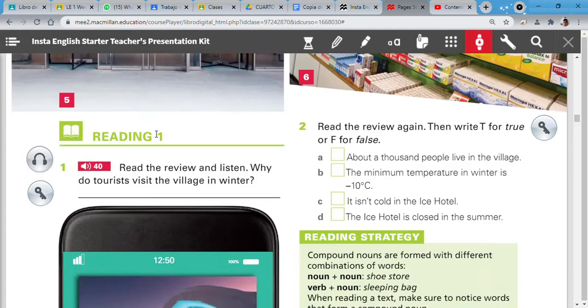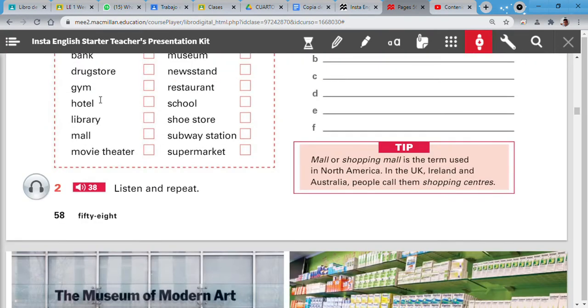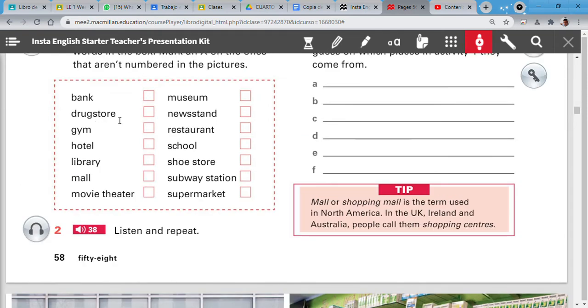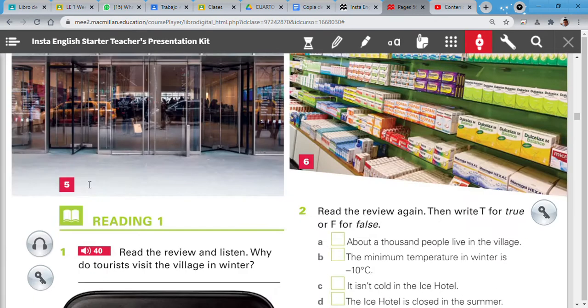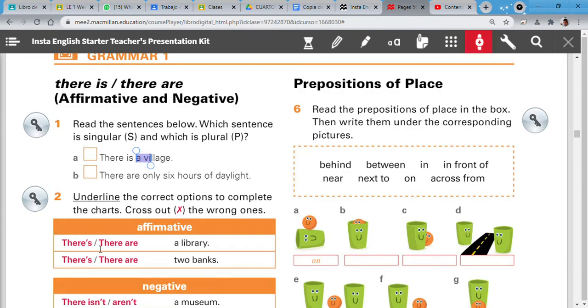Let's use vocabulary: a bank, a drugstore, in singular without S, a gym, a hotel, a library, a mall, a movie theater. A library. So singular, there is or there are.